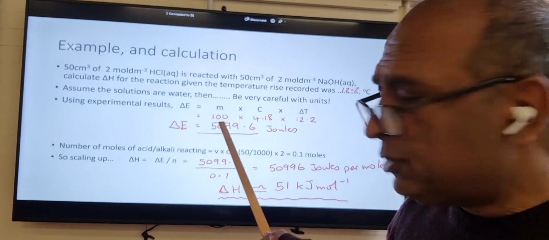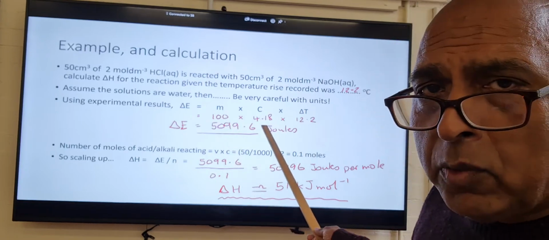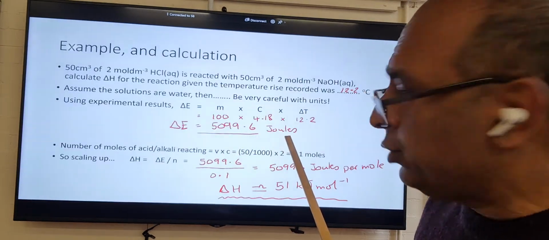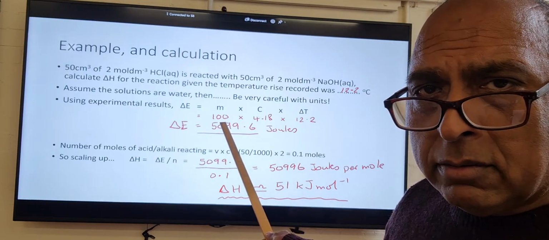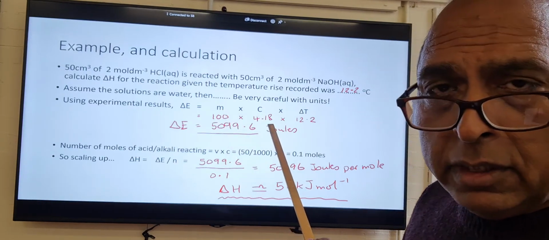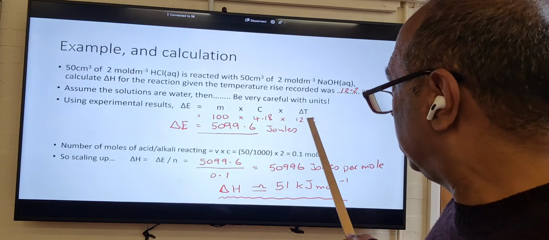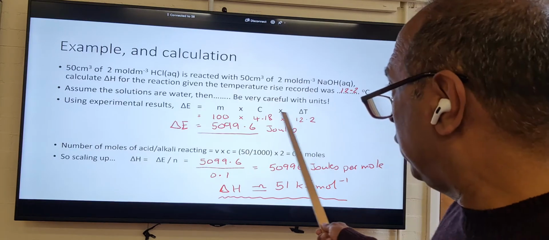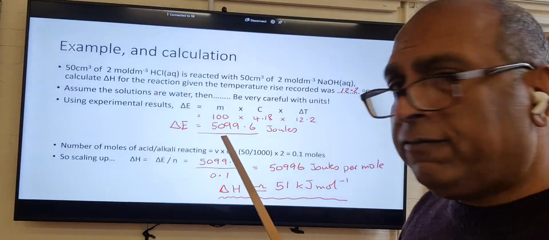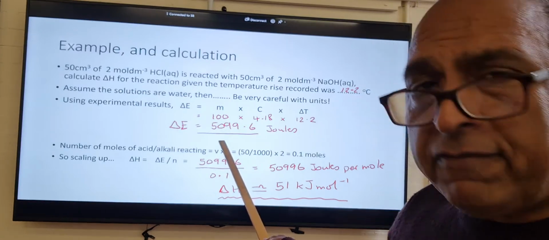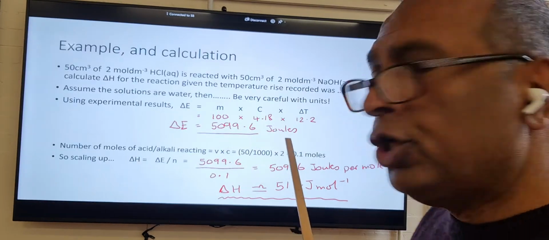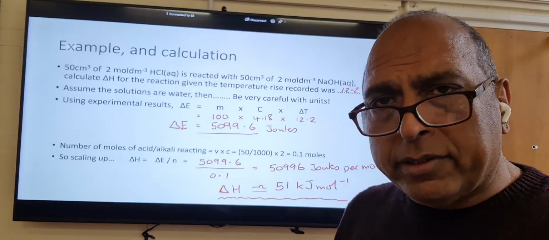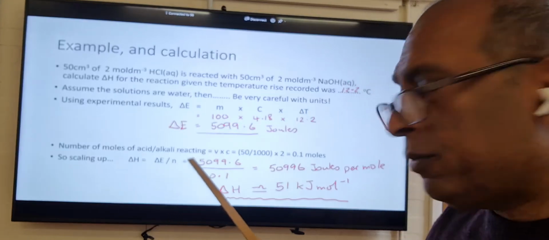If it's grams, then this number is 4.18 because it's whatever per gram, and then the answer will be joules. So 100 grams, each gram needs 4.18 joules to raise by 1 degree, but we've got a temperature rise of 12.2 degrees. So you multiply those together, and if you do that on your calculator, you get an answer of 5,099.6 joules. Now that is for that small scale experiment. We need to scale up to a mole.